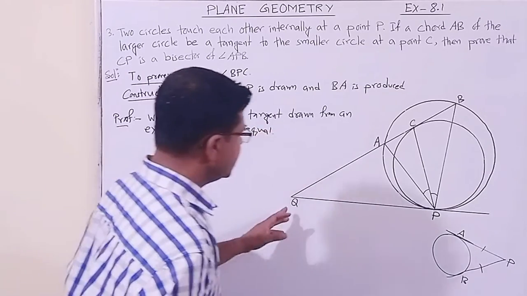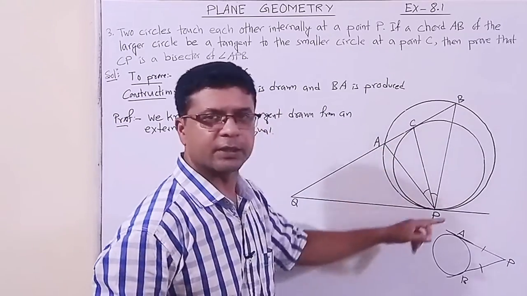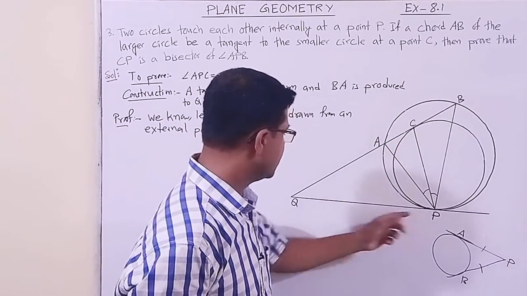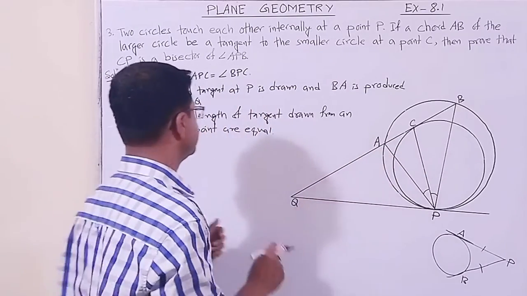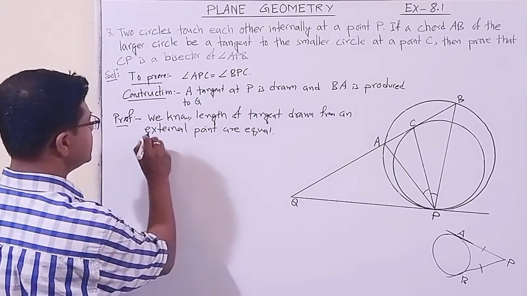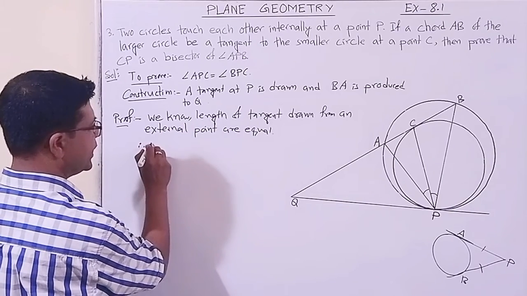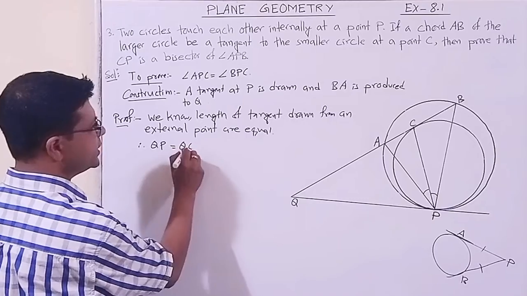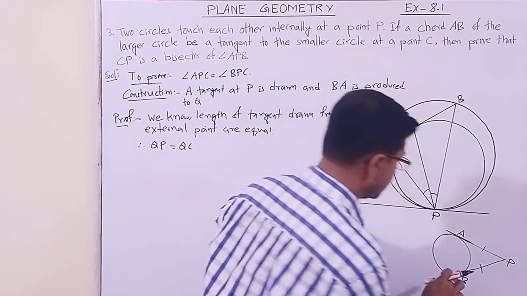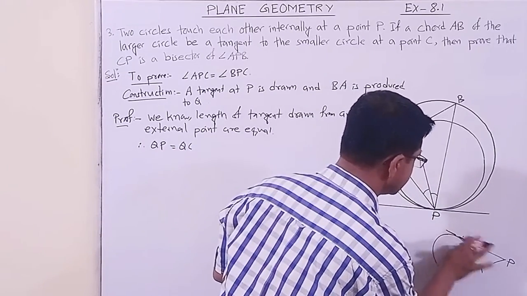So here, concentrate on the smaller circle, there are two tangents. One tangent is PQ, another tangent is CQ. We know this, therefore we write QP and QC. Here I am marking nicely so that you can understand.